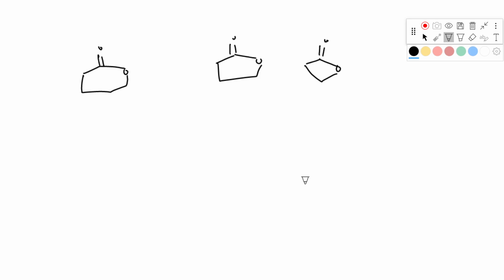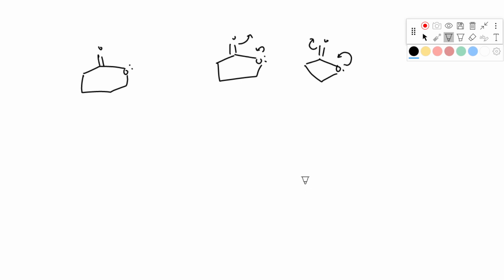If you see, this is an sp3 oxygen atom, or if this lone pair participates here, we can say sp2. In actual sense, this lone pair is participating here, so this is sp2. Now this lone pair will participate like this, and this bond will break like this.